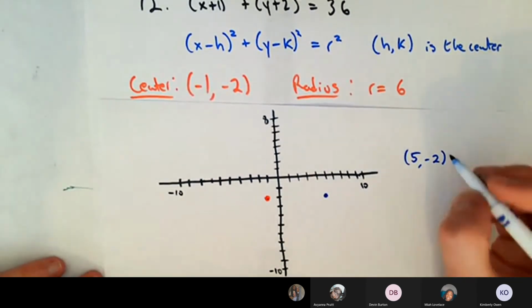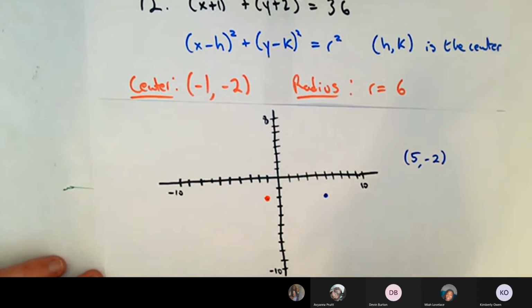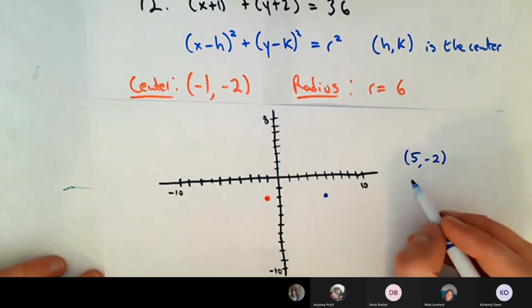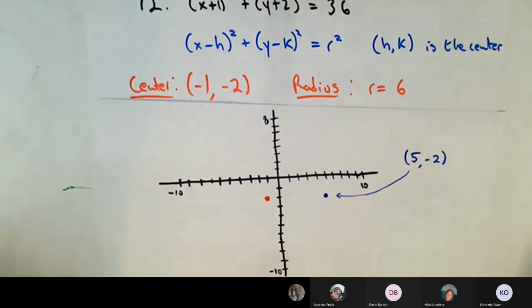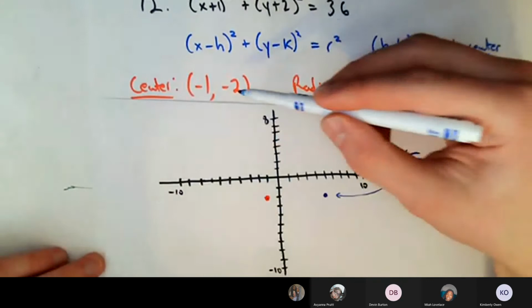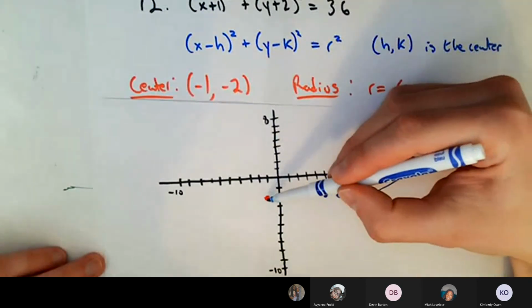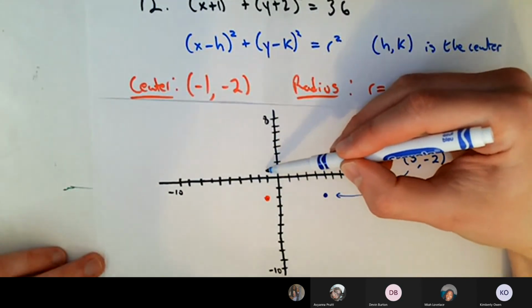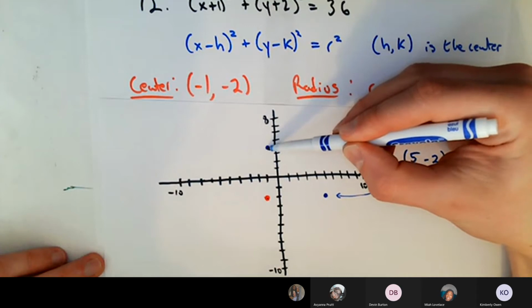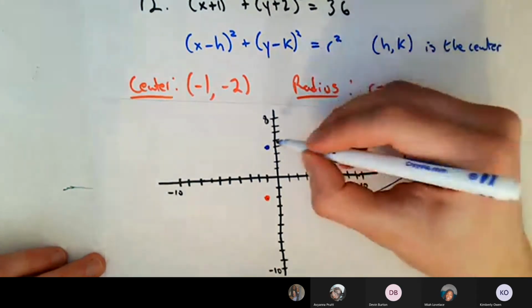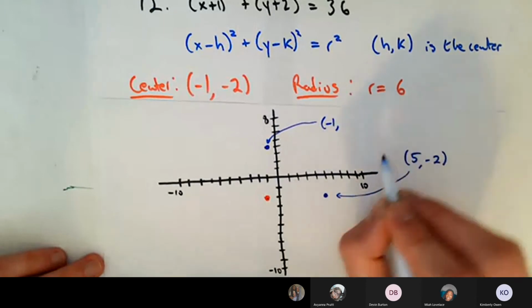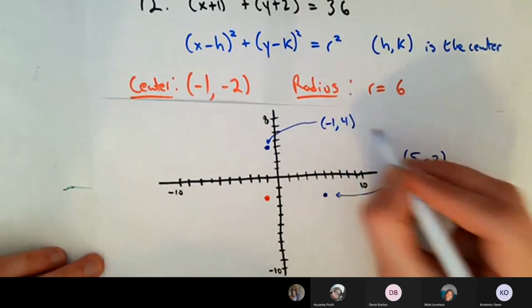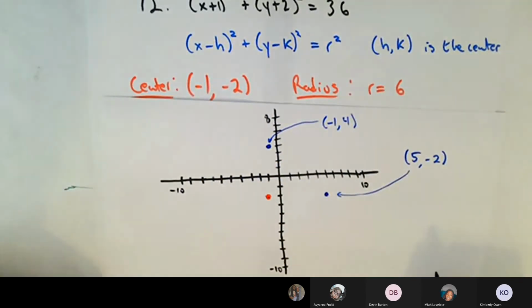That's 5, -2. Now, if I want to go straight up, I'll add 6 to the y value. So 1, 2, 3, 4, 5, 6. That point, if I'm adding 6 to the y value, should be -1, the x doesn't change, comma 4. And that is exactly where that point is.